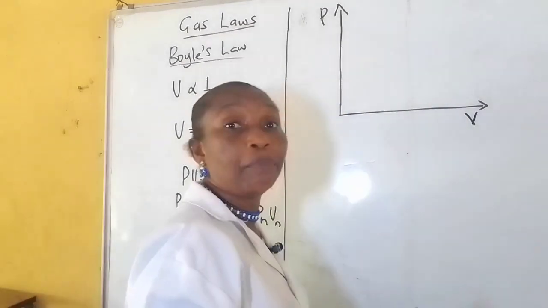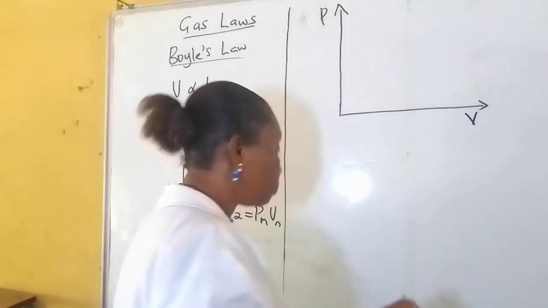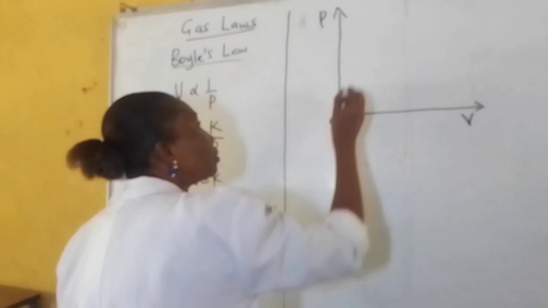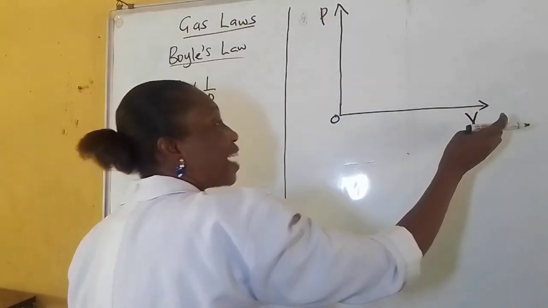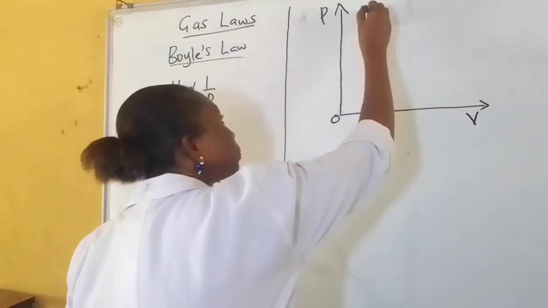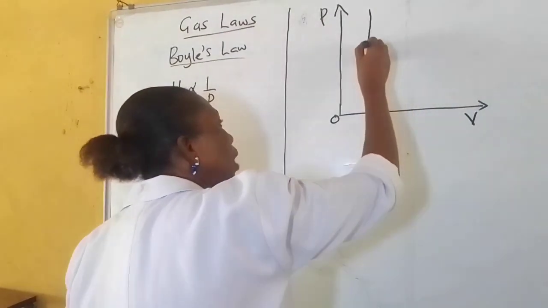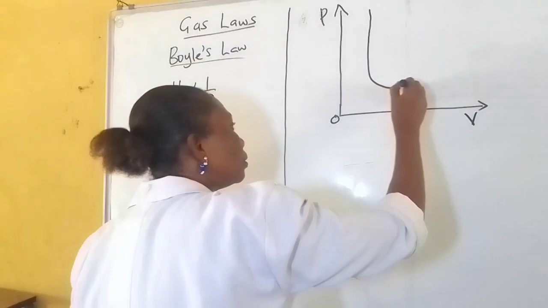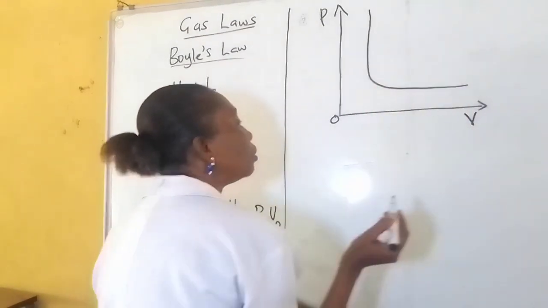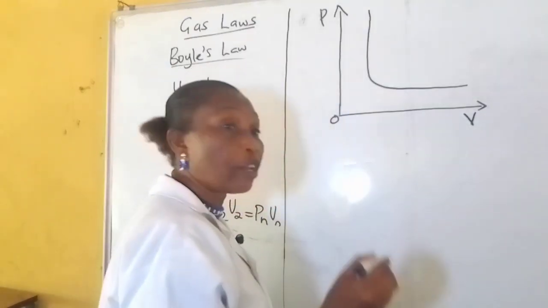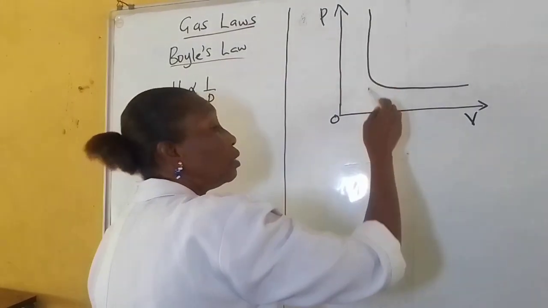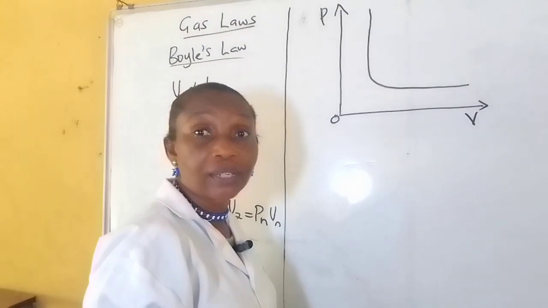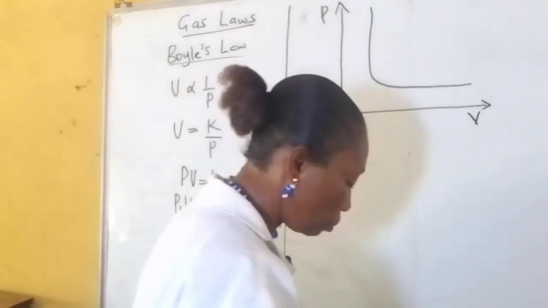Volume is measured in meter cube. Then we have the origin. If we are drawing a graph of pressure against volume, we'll have this kind of curve. What does it mean? As the pressure is increasing, the volume is decreasing, vice versa.